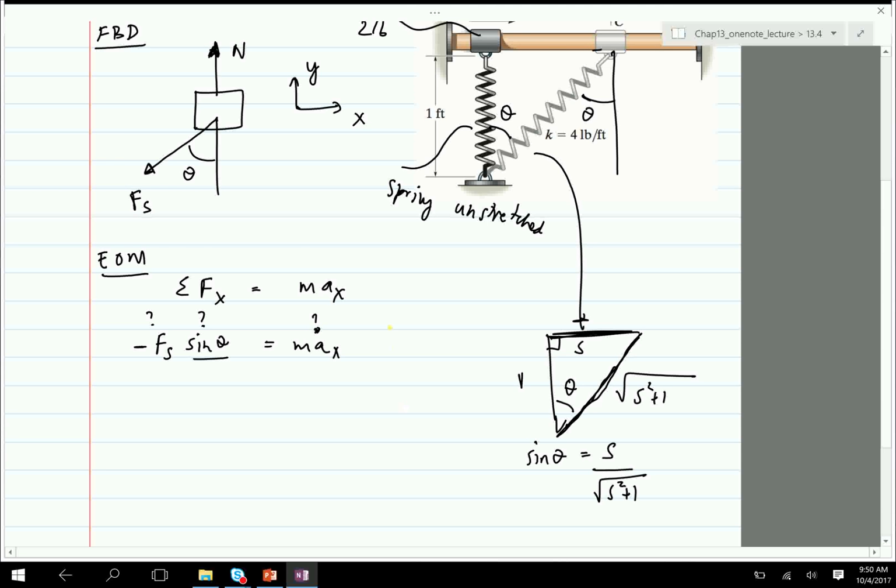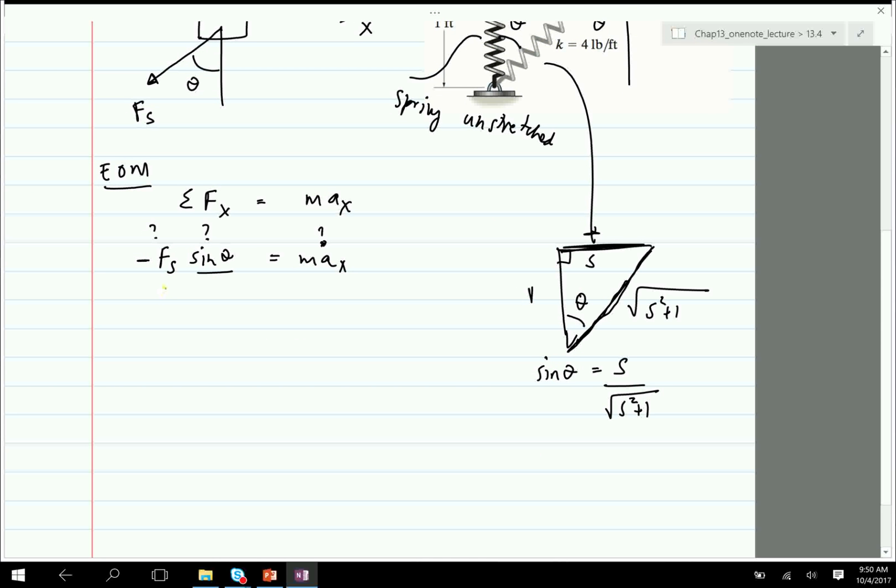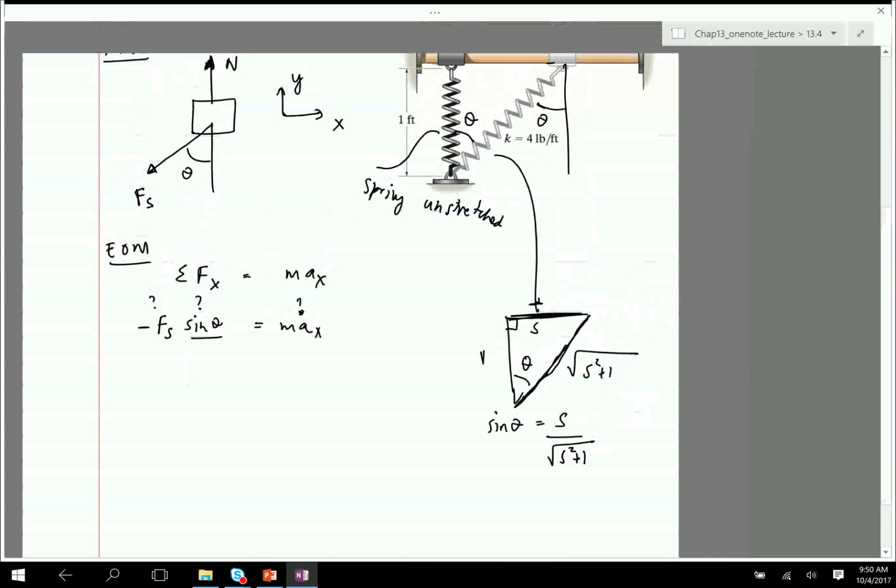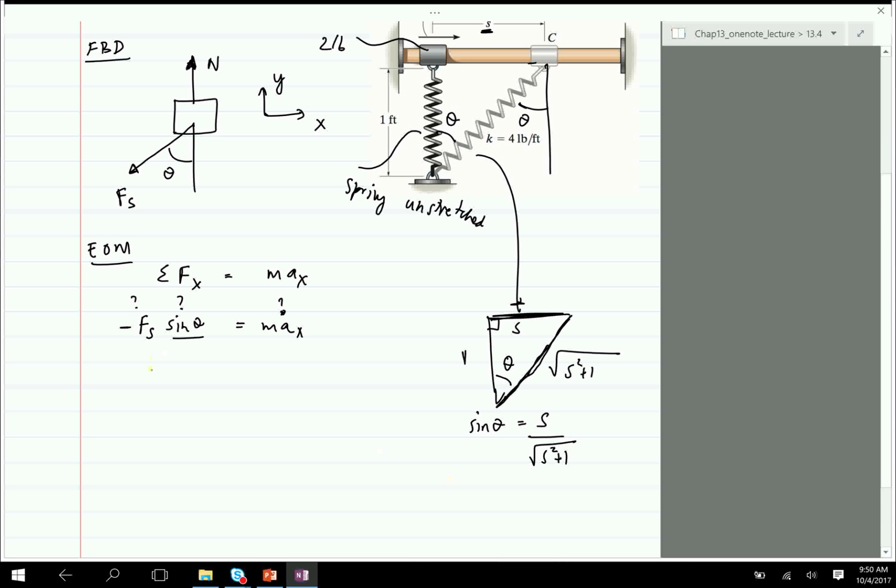Fs is the spring force. You have to write it as a function of s because the force is varying. You have to integrate later on to get s.